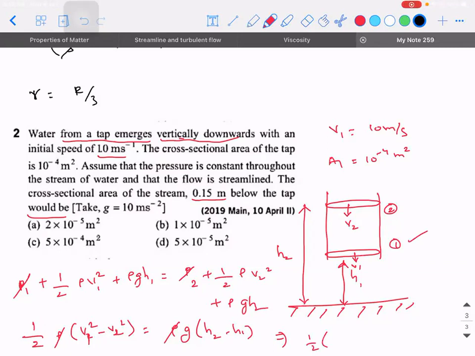Once you get that, then you will have A1 V1 is equal to A2 V2. From that, you can find the area of cross-section. Can you guys do it fast and let me know? So 0.15, write it as 15 by 100. Since all are multiples of 5, I think it should be easy to solve. Try and see.